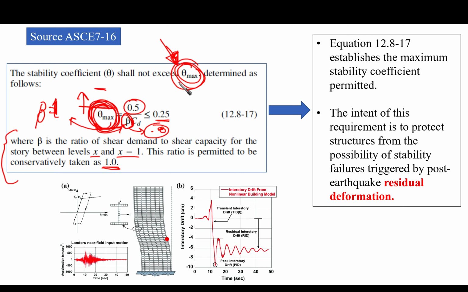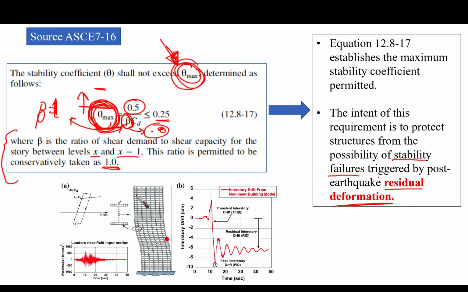The point is we want to limit something called residual drift. Let me put it like this: the intent of this requirement is to protect structures from the possibility of stability failures. That's the main reason here, stability failures triggered by post-earthquake residual deformation. What is the meaning of residual deformation?